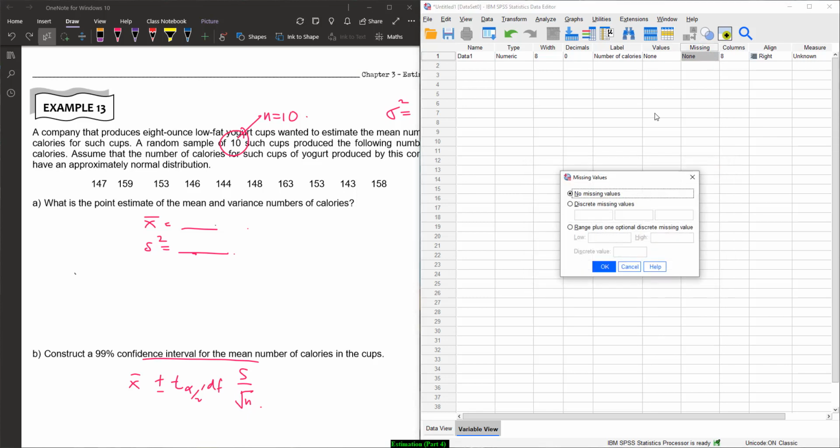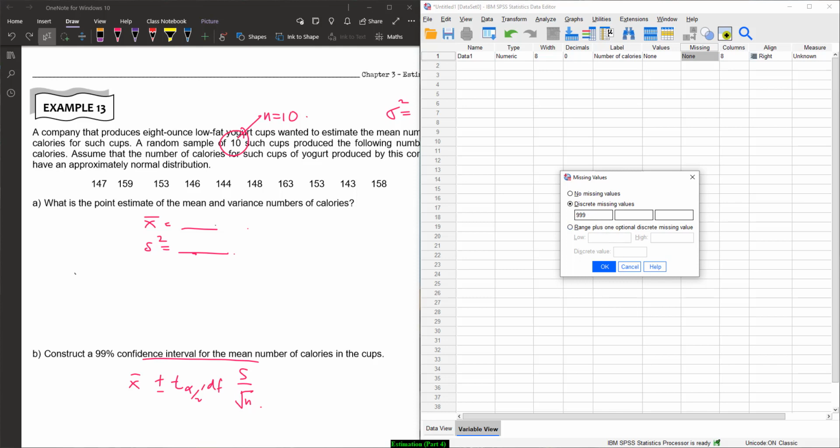So missing value. If you are keying the data, most of the time you need to define the missing value. Missing value normally we put as 9 or 99 or 999. It depends on the characteristic of your data set lah. So let's make it 999 to indicate this is a missing value.